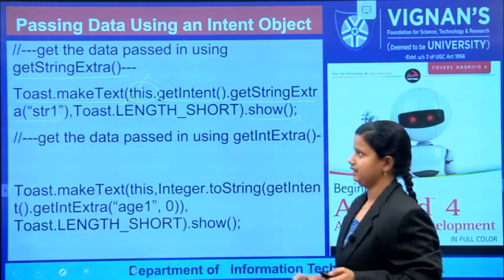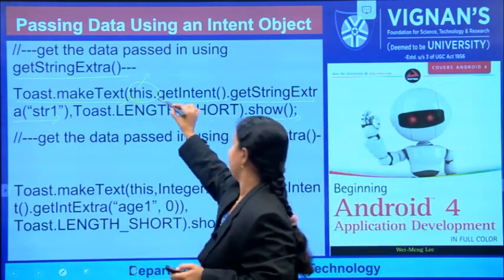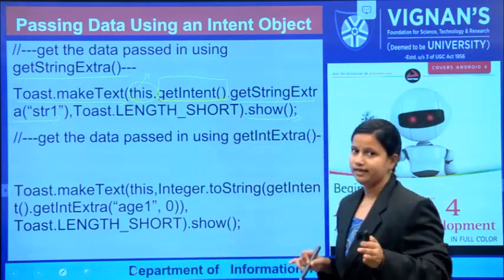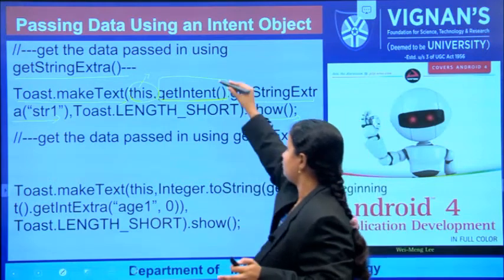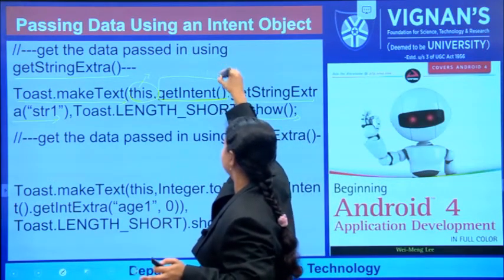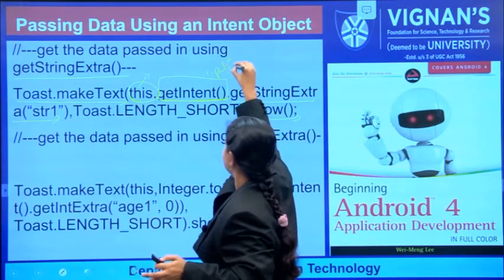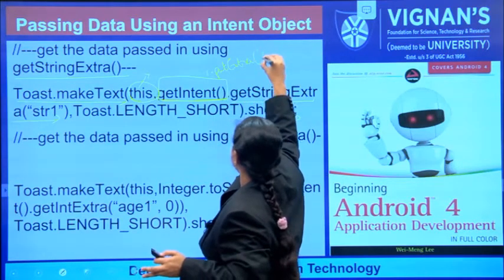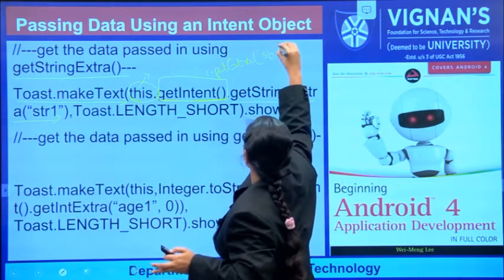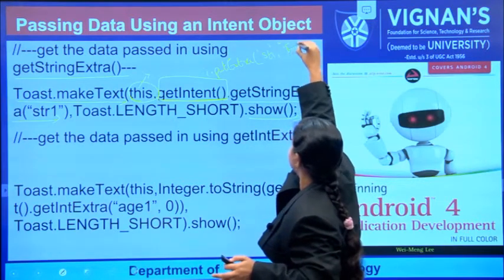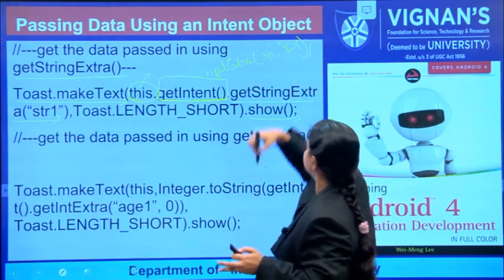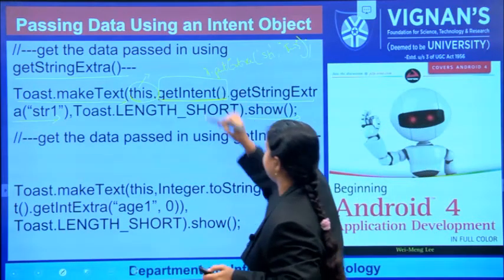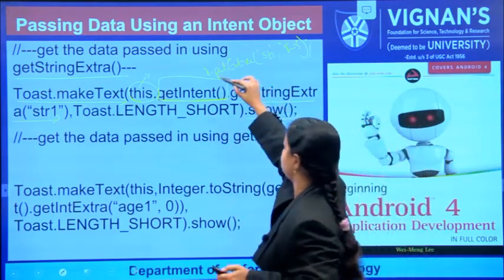And getIntent().getStringExtra, the getStringExtra method is used to get the details already available in the intent. When you are observing i.putExtra of st1, this is my string, that means we are setting the intent details by using the putExtra method.